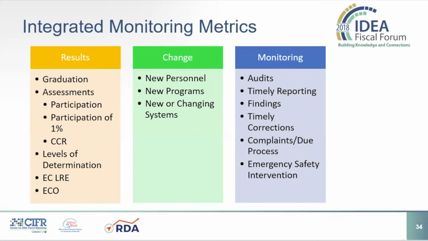And we do update this from year to year, but broadly speaking, we looked at really 3 different pots. One under results, and we're looking at graduation data, test assessment data, student participation, participation of the 1%, and in this case, what we're talking about is whether or not districts are at or above the 1% threshold on the DLM, college and career readiness, levels of determination, early childhood, least restrictive environments, et cetera.